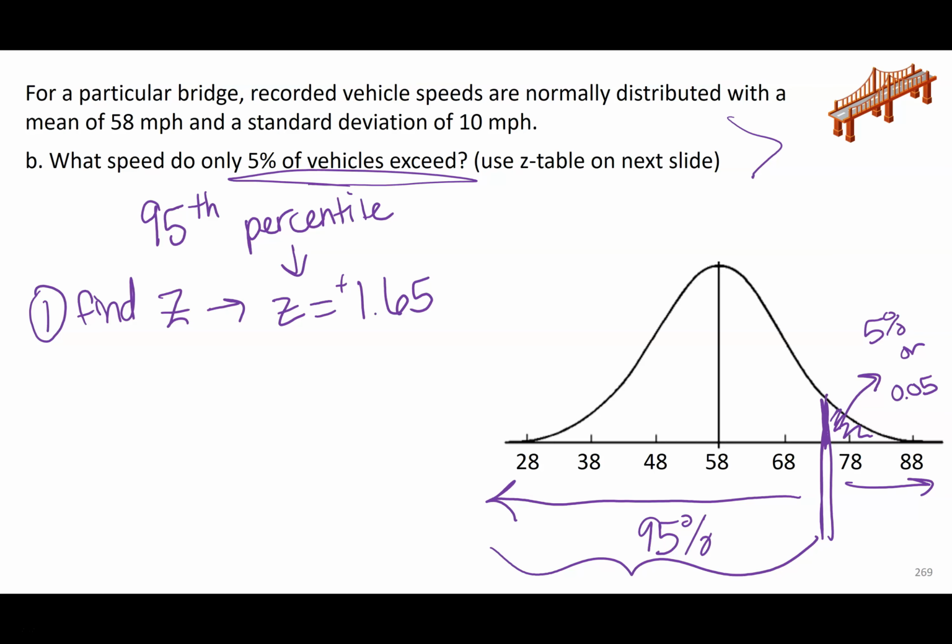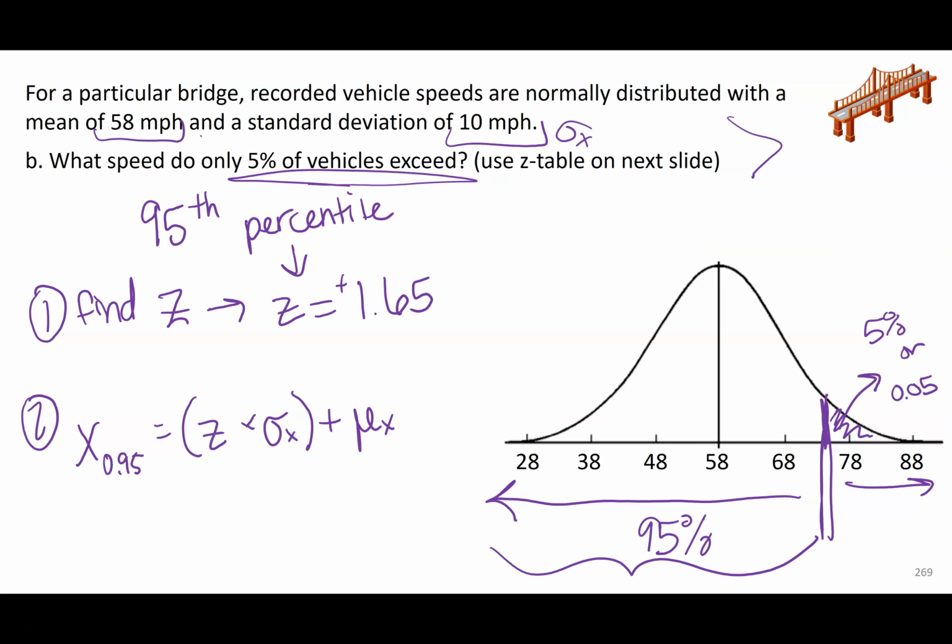So, x for the 95th percentile: I'm going to need z times sigma plus mu. This is sigma, and we have mu here.